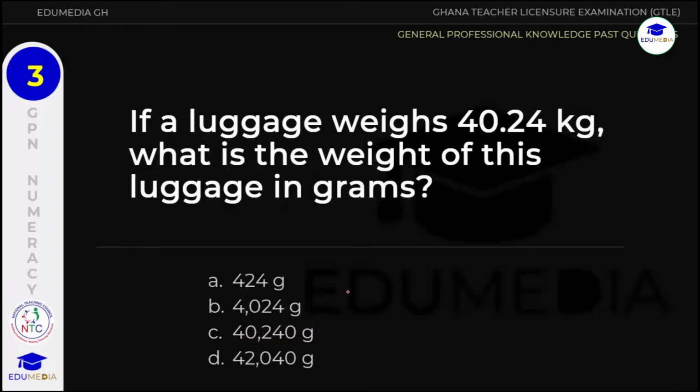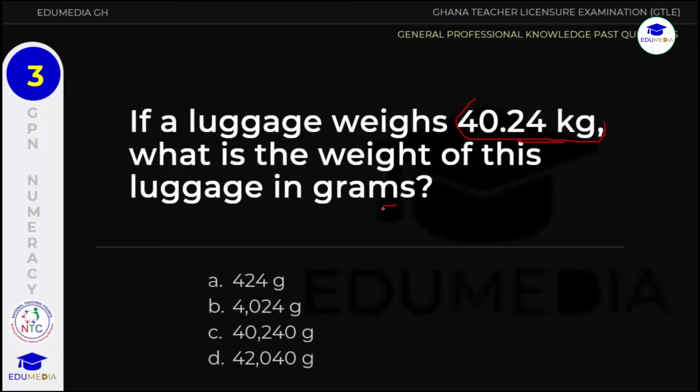The next question here. If a luggage weighs 40.24 kilograms, what is the weight of this luggage in grams? We've been given a luggage weight which is in kilograms, and we are to simply convert this weight into grams.